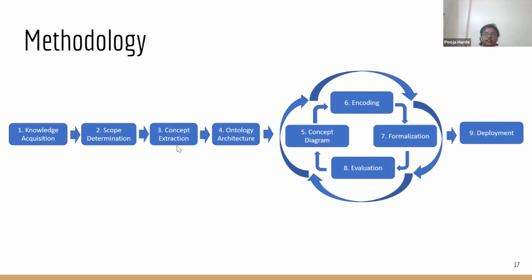Concept extractions are nothing but the concepts that are there. For example, if we talk about the Olympics data, the concepts will be the athlete. The athlete has the weight, the height, the nationality, the continent, and the gender. It will have the various athletes' information for the country. If we want to see the country, who was the host country, for which year of the Olympics.